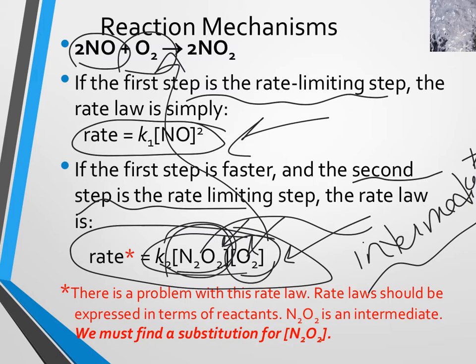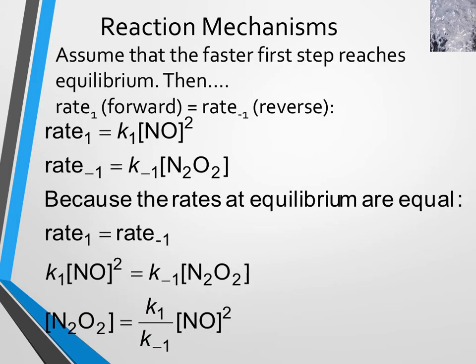So when that occurs, we have to do a substitution so that all of the substances presented in the rate law are in fact reactants. This part is quite complicated, so you may have to listen to it a couple of times and/or read your book in addition. All right, so we're still going to make the assumption that the second step is the rate determining step.